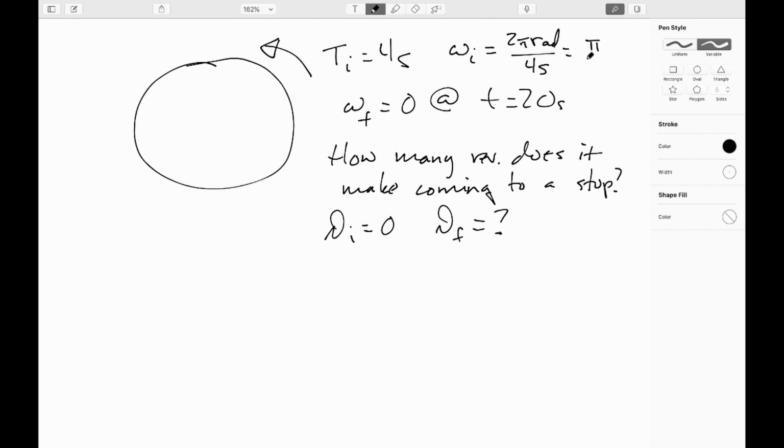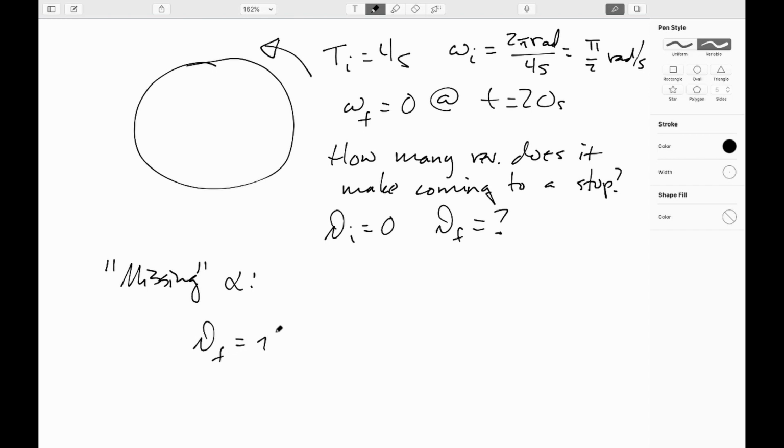So we can work out that's pi over 2 rad per second. So okay, we know omega initial, we know omega final, we know t. We're being asked for theta. So we are missing alpha. So we go ahead and write down our missing alpha equation.